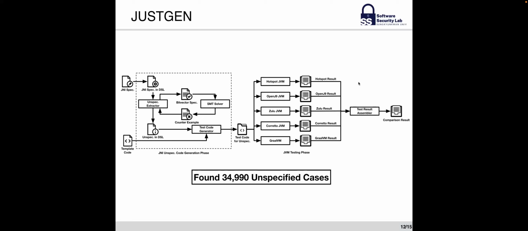So we perform differential testing for verifying the JVMs. Differential testing is very good because we can find bugs even though we do not have a ground truth, by comparing the results from the different JVMs.